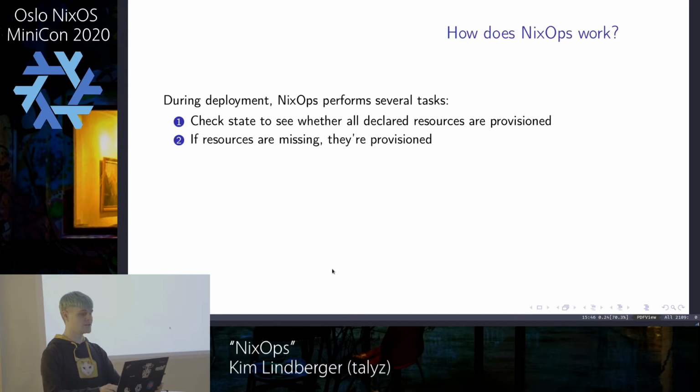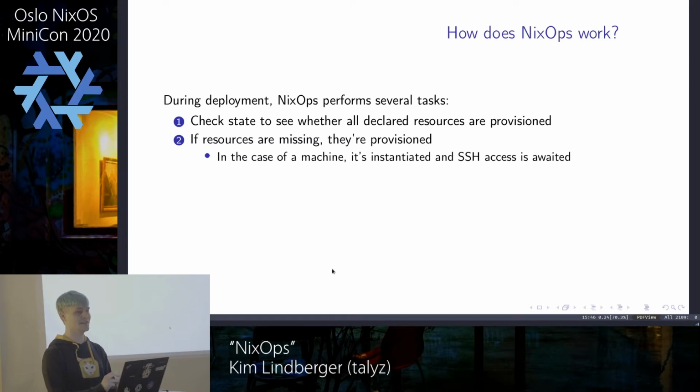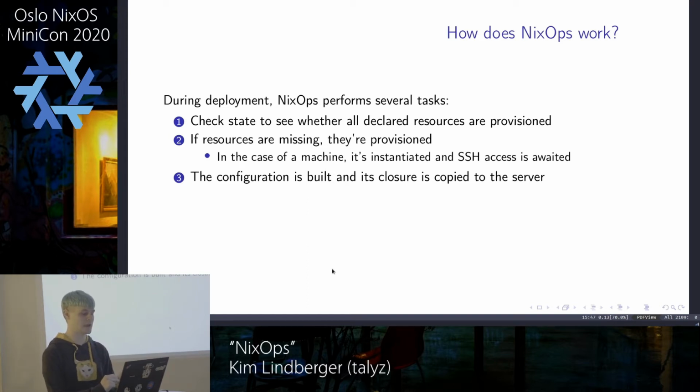If they aren't, they're provisioned. In the case of a machine, it's instantiated, and NixOps waits for SSH access to the machine. Then when it has access to the machines and everything is set up, the configuration is built, the closure of the configuration is copied to the server, and then it activates the new configuration.